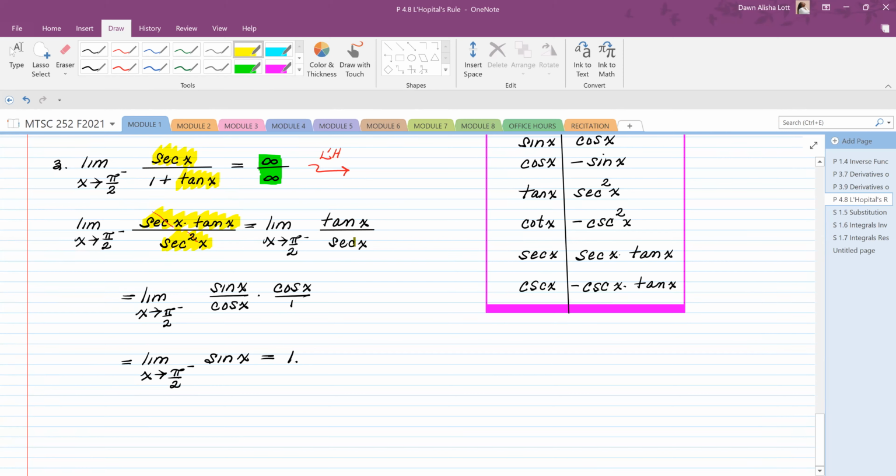Then all the rest of the other stuff was simplifying the problem before I took the limit again. Oh, so you already took the derivatives then. Yep. So I had already taken the derivative in the second line. But now I needed to simplify what I got. So tangent x over secant x and then sine x are all simplifications before I evaluate the limit. Gotcha. Okay.